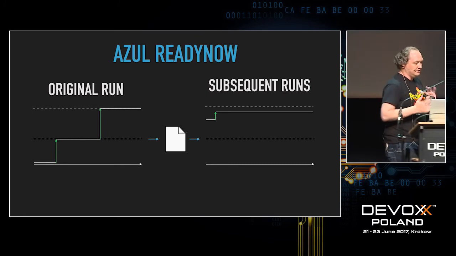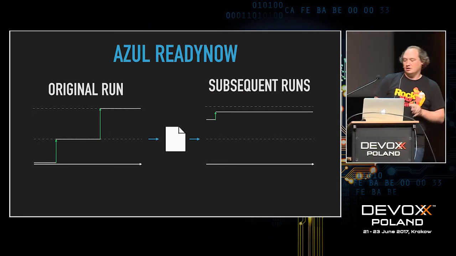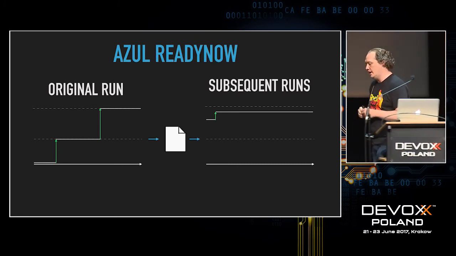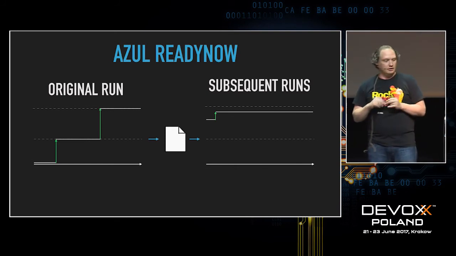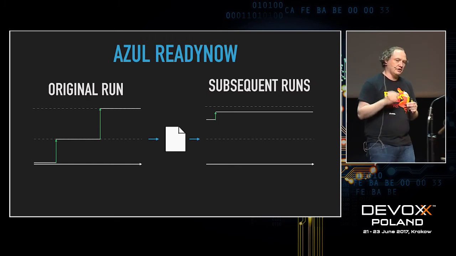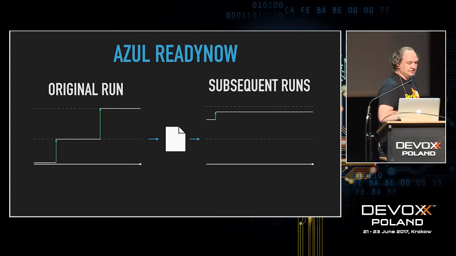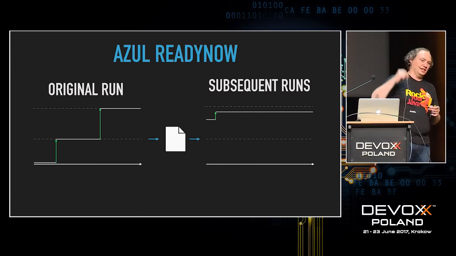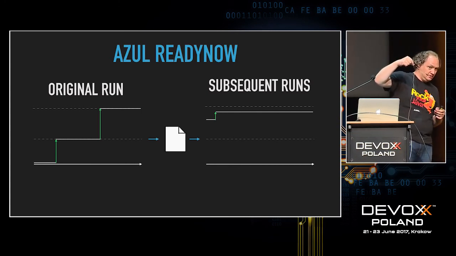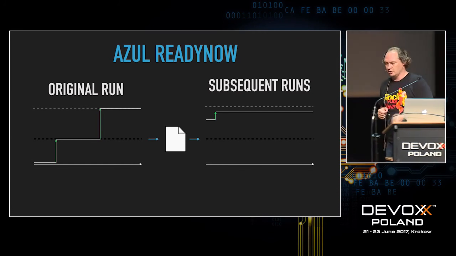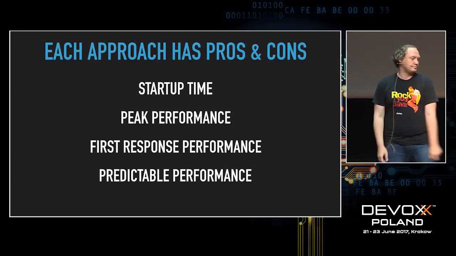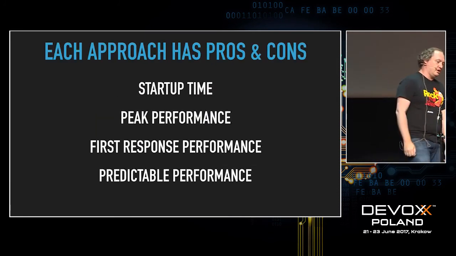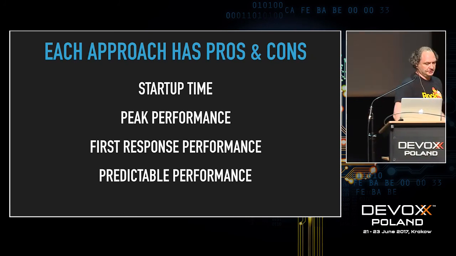Not exactly, it's a lot trickier than it sounds, but we start off basically running at peak, although it's not exactly as good, but it's close. The first transaction that hits our system is about 3 milliseconds slower than the second transaction, and that's at peak speed. So this does actually work pretty well. But every approach has its pros and cons.